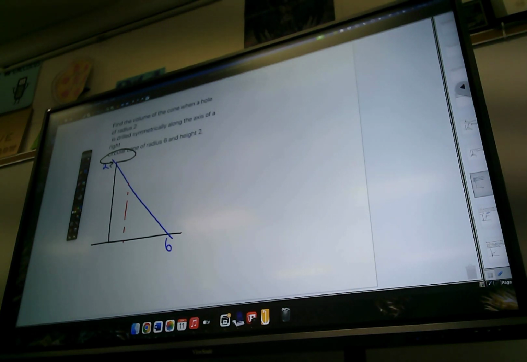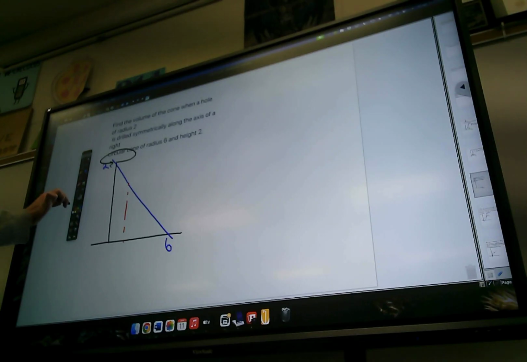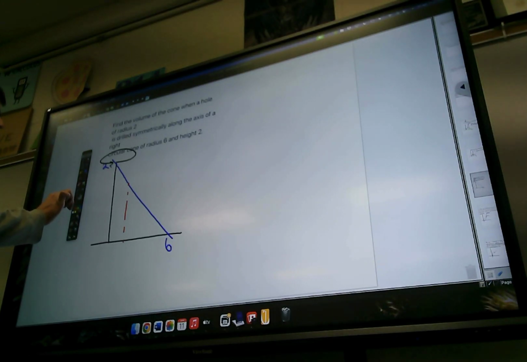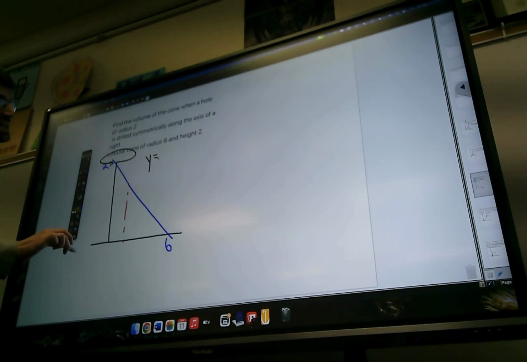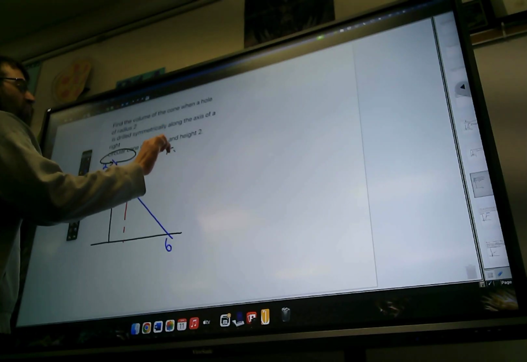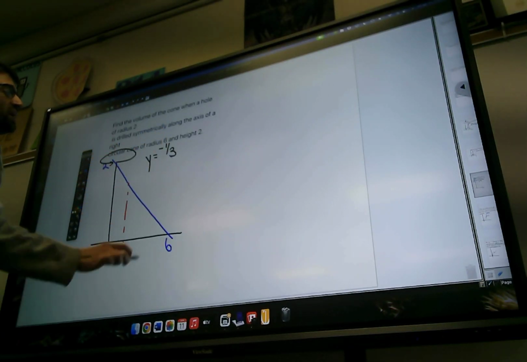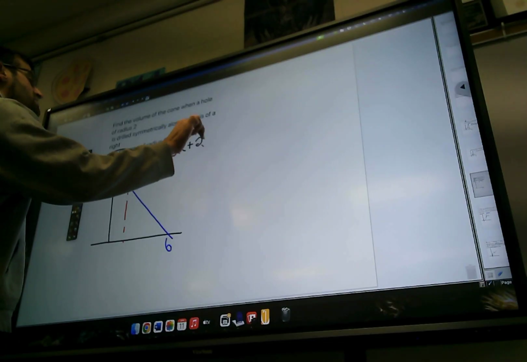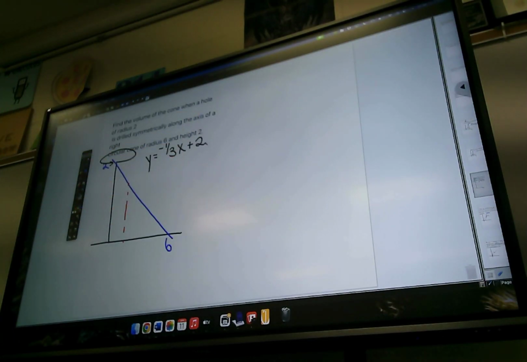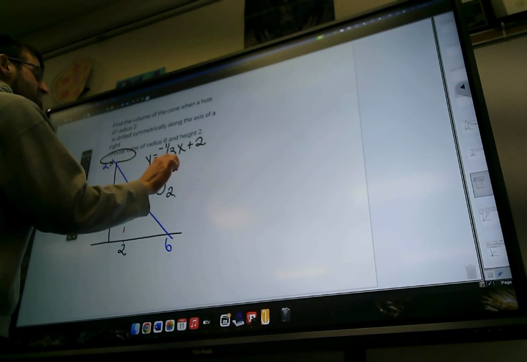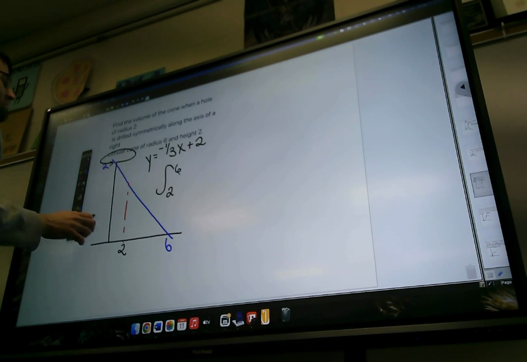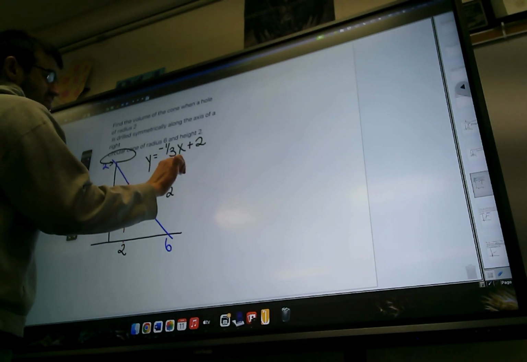Now, what I'm going to do is I'm going to get an equation for this. This is a line with a slope of -1/3, so down 2/3, with a y-intercept of 2. Now, what I'm going to do is, this is 2, so I'm going to integrate from 2 to 6 of 2 pi.